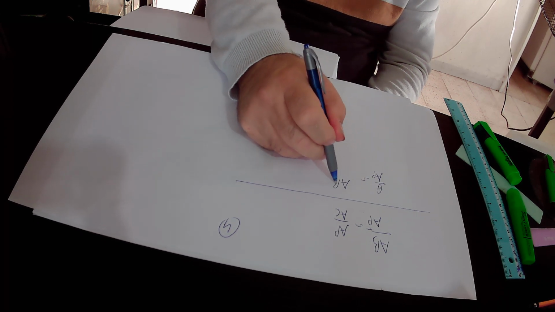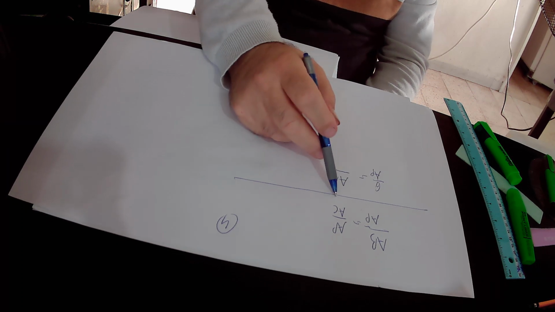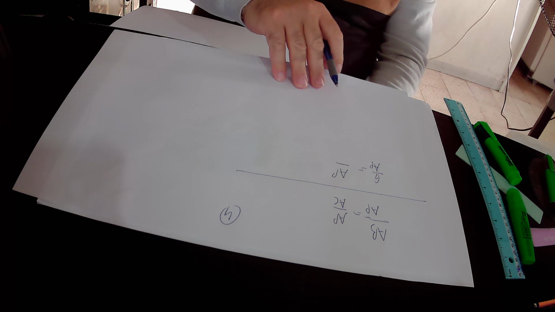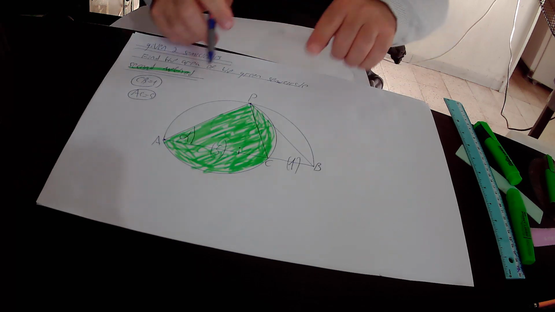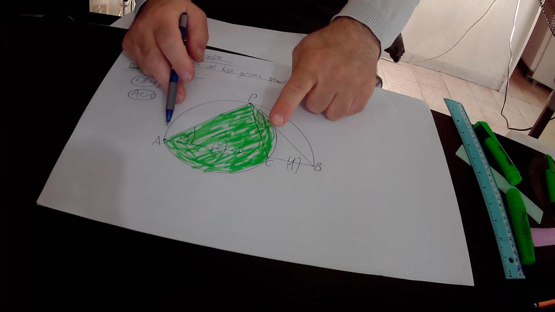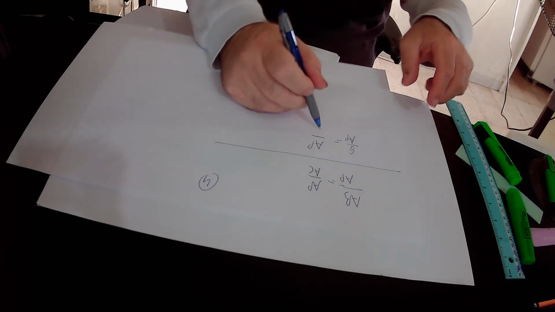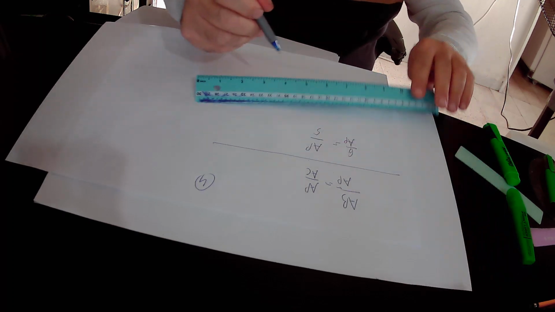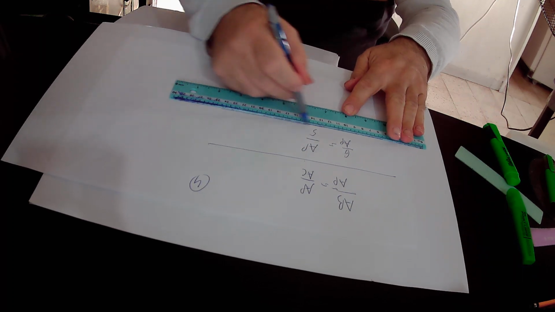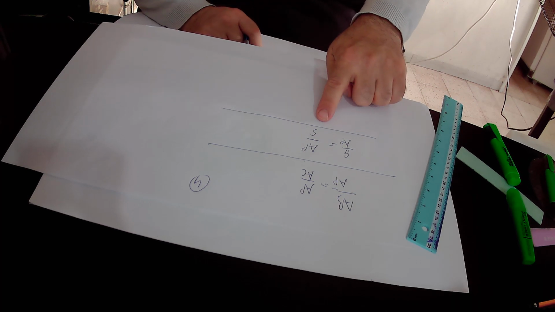AP is the missing side, so we leave it as it is. What is the length of AC? AC equals 5 units in its length, according to what is given in the question. So we substitute AC in this equation by 5, and we get that 6 over AP equals AP over 5.